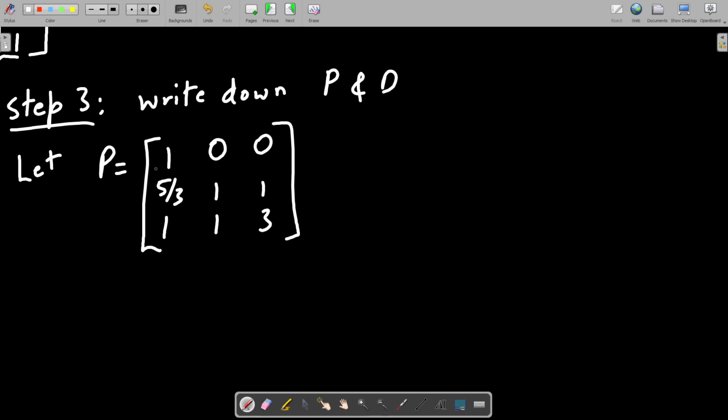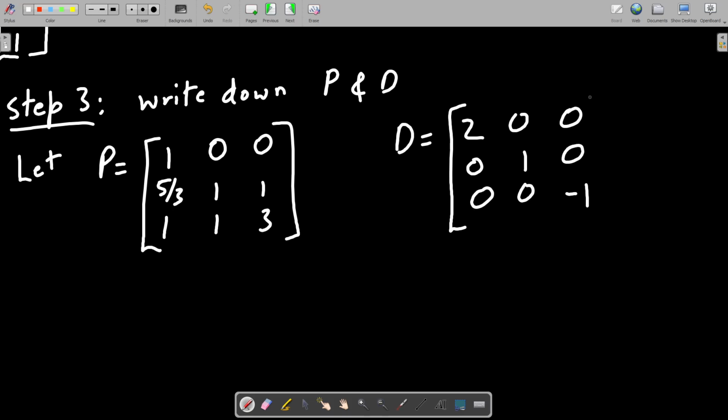One very important thing here is the columns of P should be in the same order as the eigenvalues over here.